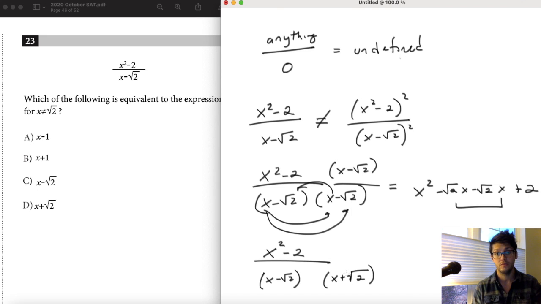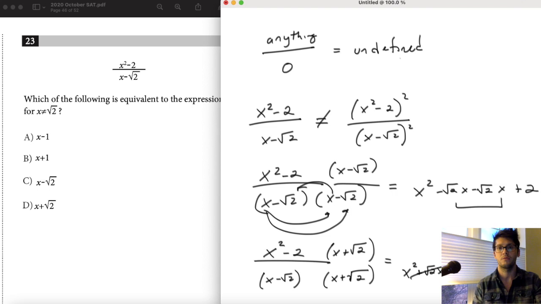Now, if you multiply the bottom times that, if you want to keep it equal, you've got to multiply the top by the same thing. And if you do this on the bottom, this is called the difference of squares. You get x squared. You get the outside term, which would be positive root 2 x. The inside term, which would be negative root 2 x. Those would cancel. And the last term, negative root 2 times positive root 2, is negative 2.